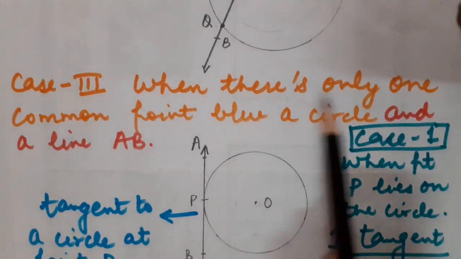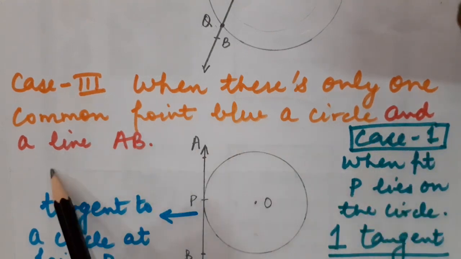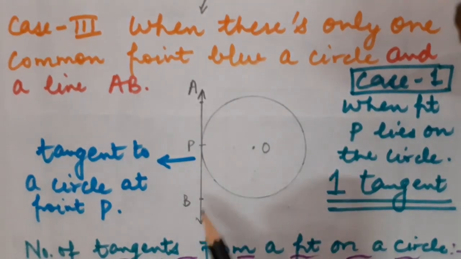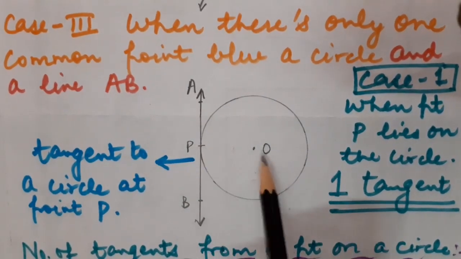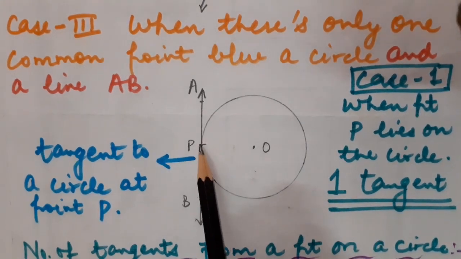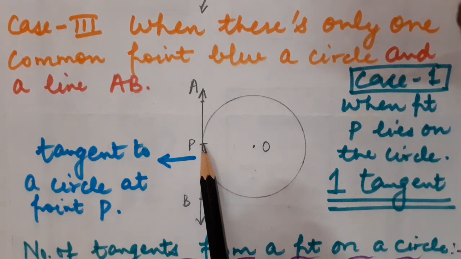When there is only one common point between a circle and a line AB. Here you can see this is a circle, this is line AB, and this line AB is going to intersect the circle exactly at 1 point. And this point P is basically known as the point of contact.